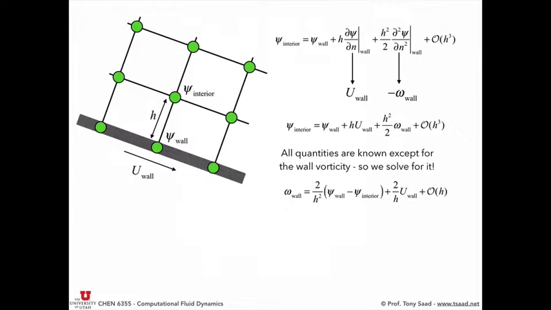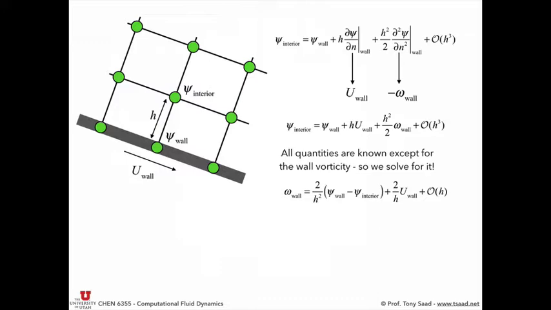Psi interior is psi wall plus (x interior minus x wall) times dψ/dx at the wall plus (x interior minus x wall) squared over 2 times the second derivative. Is this clear? This is the Taylor series I wrote in terms of interior and wall. The function at any value x is equal to the value at the reference point plus the distance times the derivative here plus the distance squared over 2 times the second derivative, and so on.